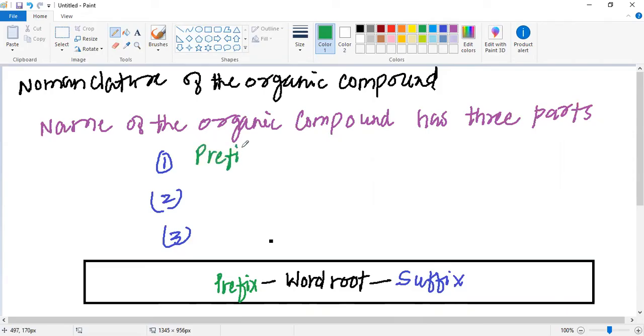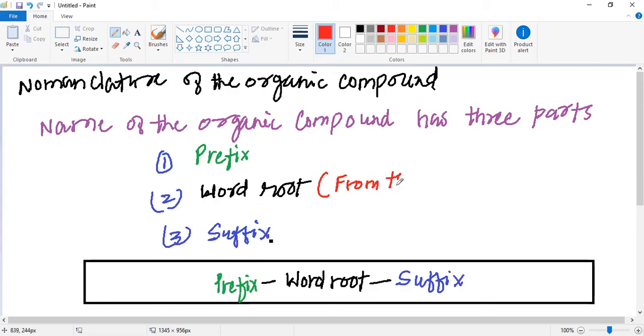First one is prefix, second one is word root, and the third one is known as suffix, my dear students. Now, what are those parts? How do we determine them? The word root comes from the number of carbon in the longest chain.